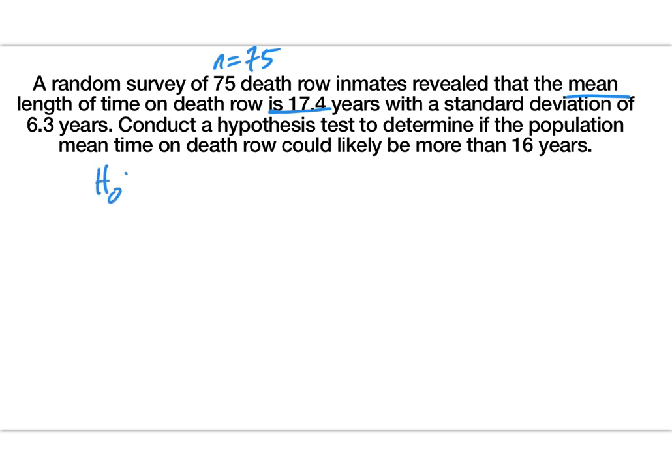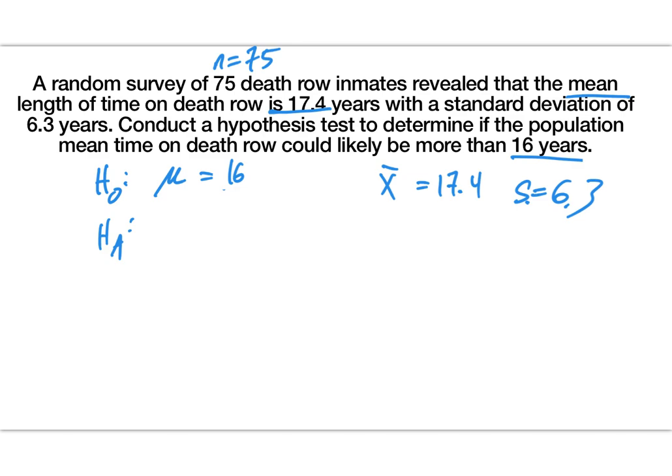So my null hypothesis is that the average is 17.4. No, take that back. This was my sample value, because down here, that's the 16. But my x bar is 17.4. My s is 6.3. Those are the values that they give you in the context of the question.